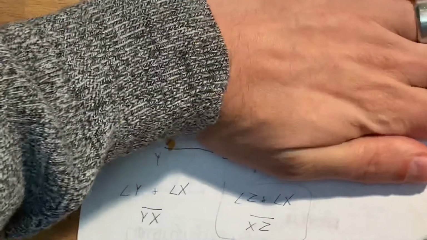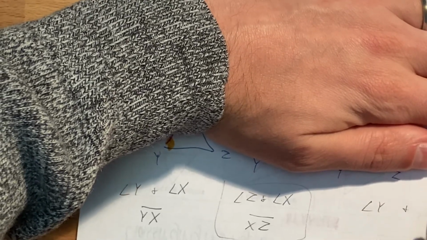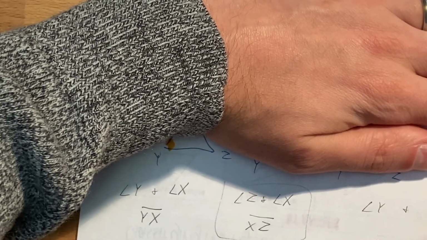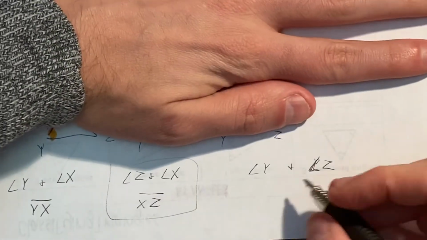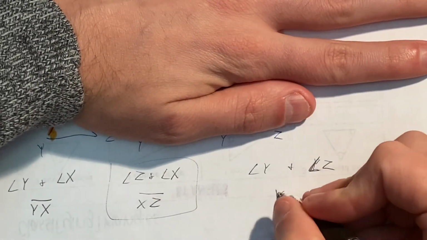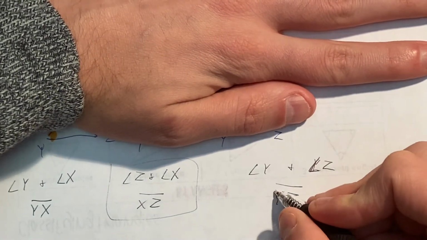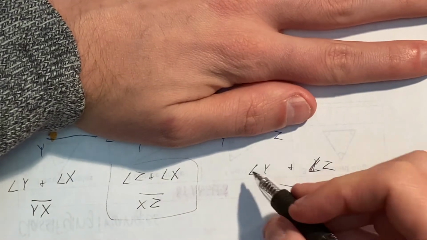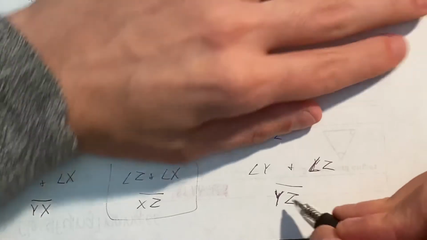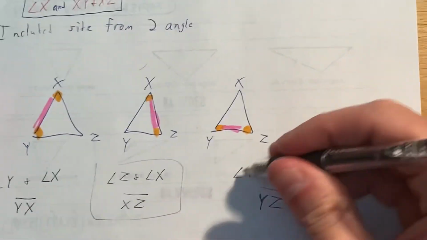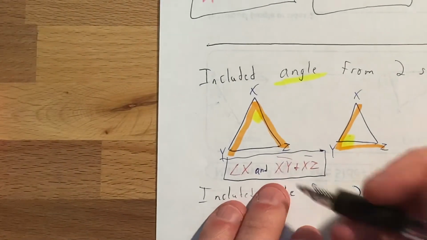Like if I was just to cover this up and put just angle Y and angle Z, the thing that connects them is YZ. And it's just because that's the angle at Y, that's the angle at Z, so the thing that connects them is going to have to use the point at Y and the point at Z. A similar thing happened here, actually.